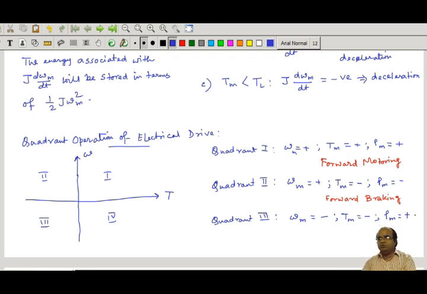P equals omega into T. This is called reverse motoring.